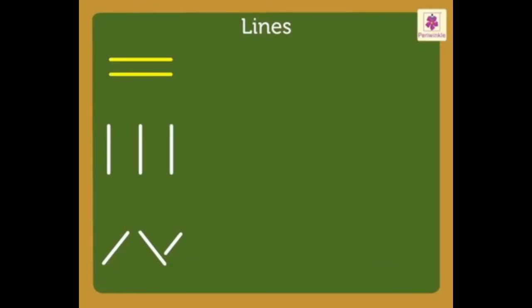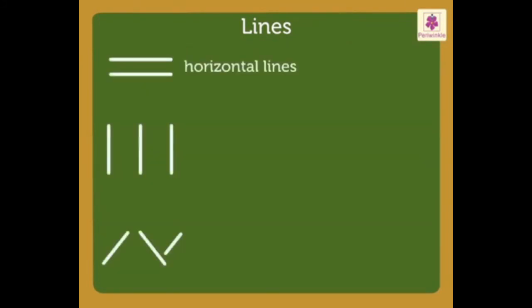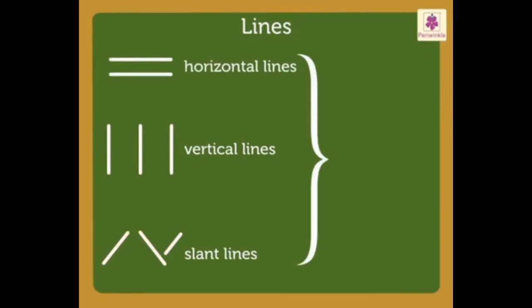Okay? These are horizontal lines. Your exercise book has horizontal lines. These are vertical lines. These are slant lines. All these are called straight lines.